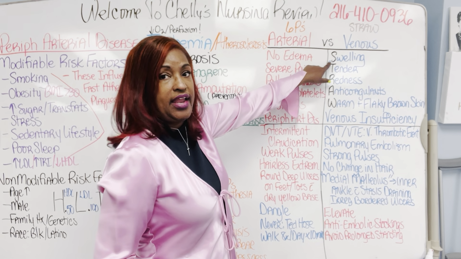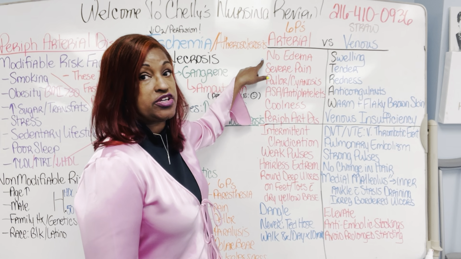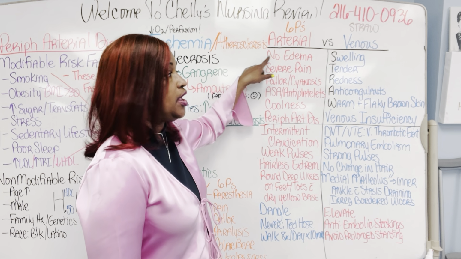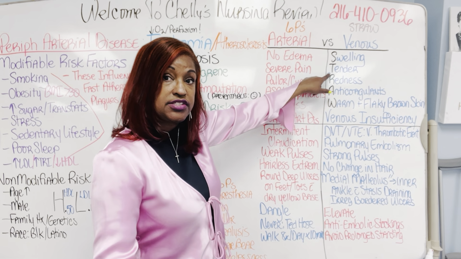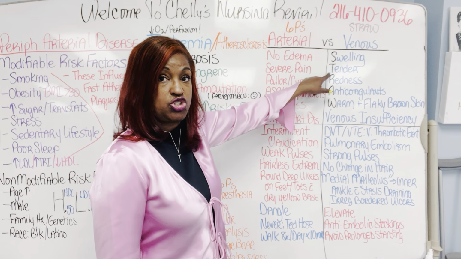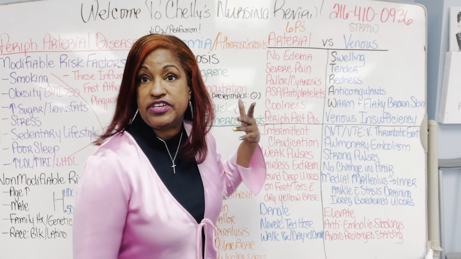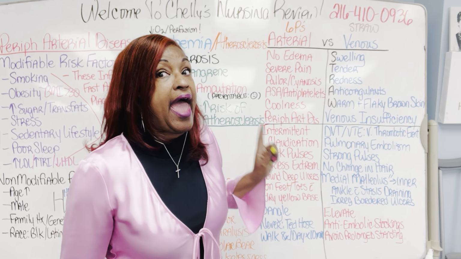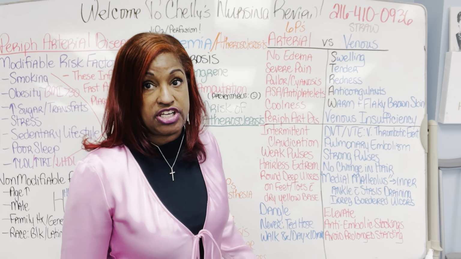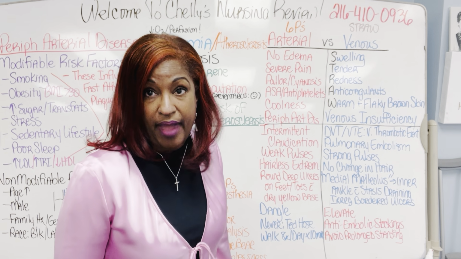Where there is swelling for venous disease, there is no edema or swelling for arterial. Where there are tender areas for the venous patient in their extremities, particularly legs, like a DVT, there is severe pain on the arterial side, not just tenderness. No, boo, severe pain.